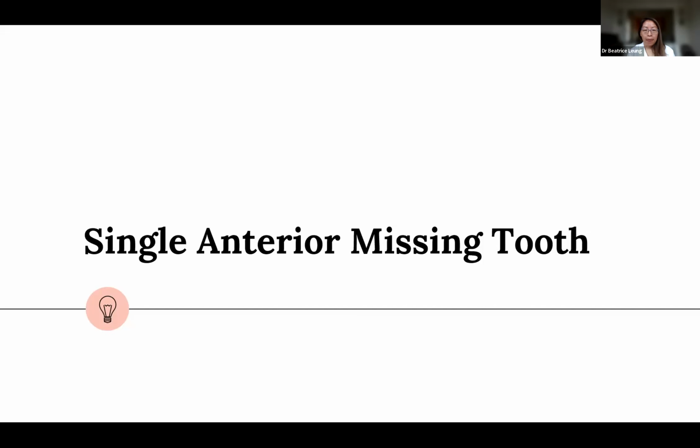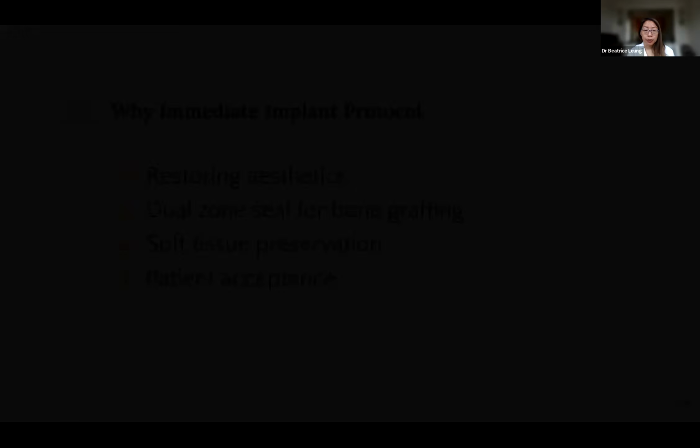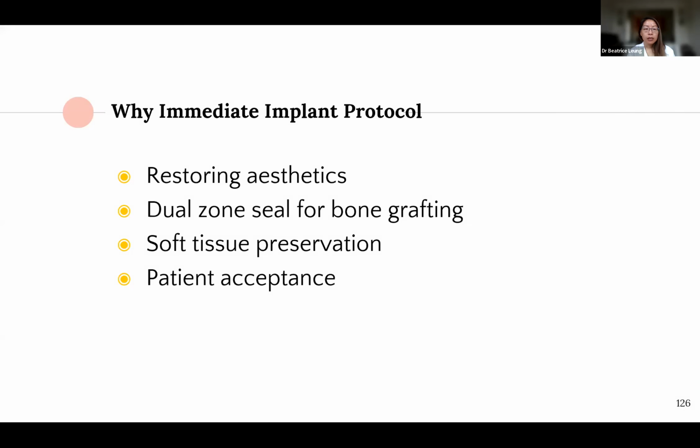For a single anterior missing tooth, because it's very aesthetically driven, patients do have high expectations. By implementing these steps, I find that I have a better outcome in terms of the patient's expectation and also the soft tissue contour.